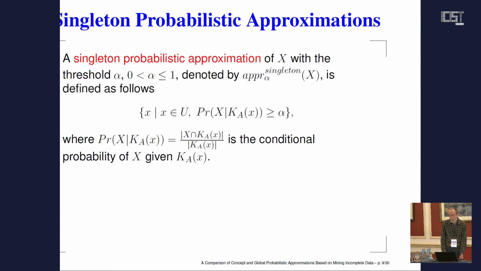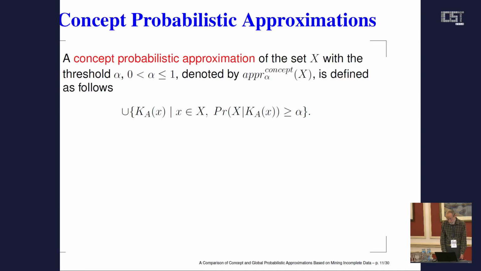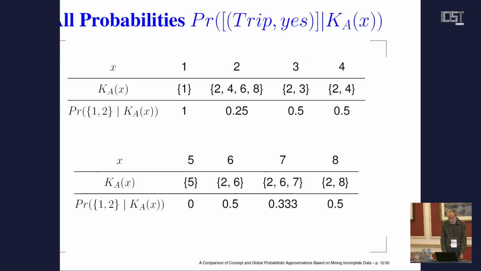Alpha is interpreted as a conditional probability, and it is a parameter given by the user. Another possibility is to change the definition a little bit. It is now a union of some characteristic sets. And the third definition is also a little bit different. It is a union of characteristic sets restricted to the concept.